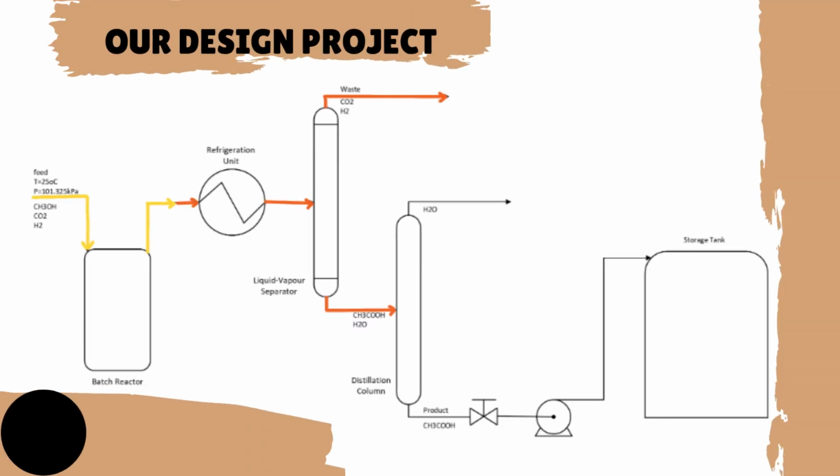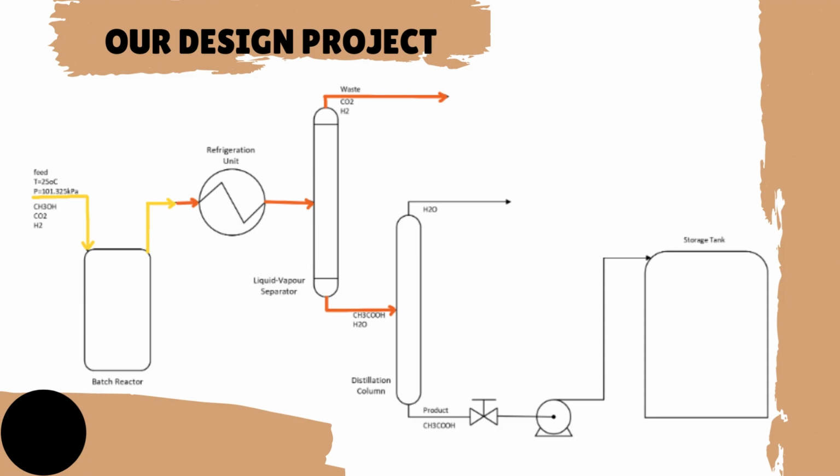This is our design project. This PFD, process flow diagram, consists of batch reactor, refrigeration unit, liquid vapor separator, distillation column, valve, pump, and storage tank. If you can see, in yellow color, it is reactive process, and in orange color it is non-reactive process. For reactive process, we are using catalyzed reaction, and all of the conditions will be given by the next presenter.